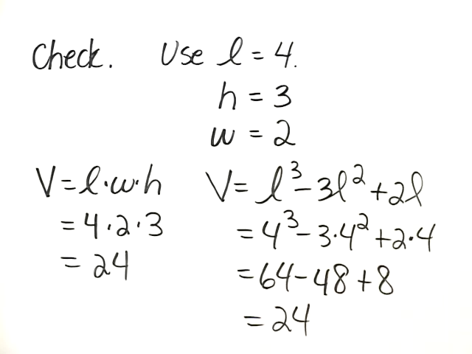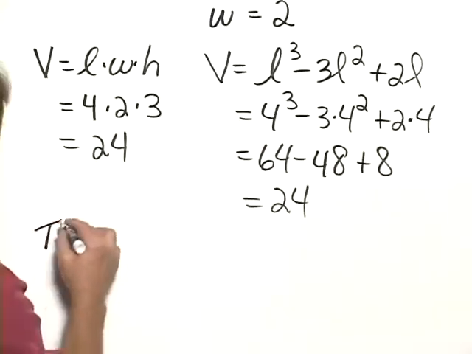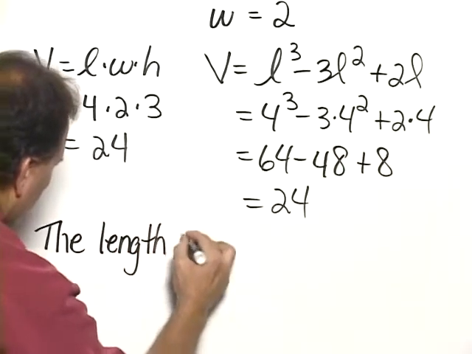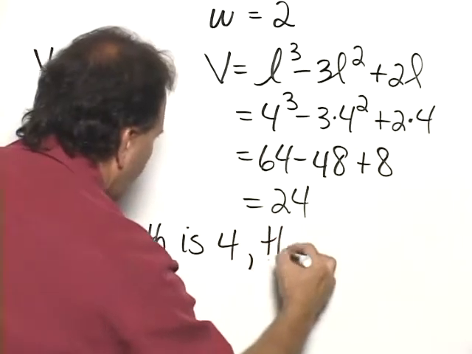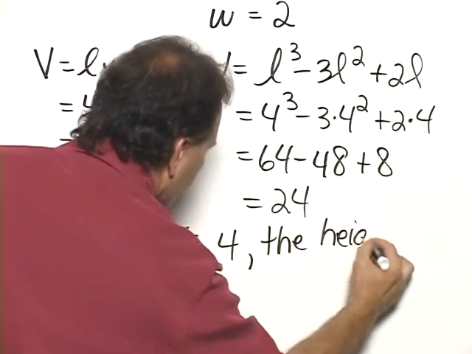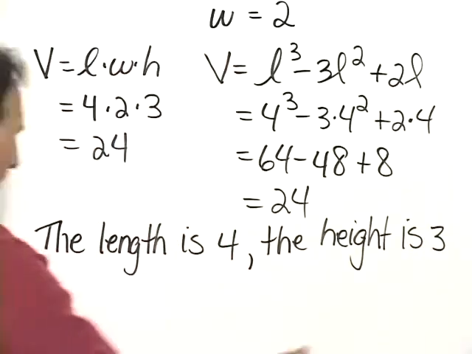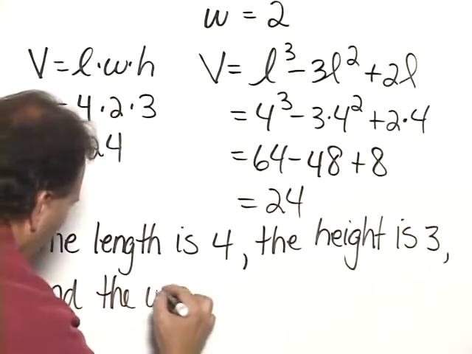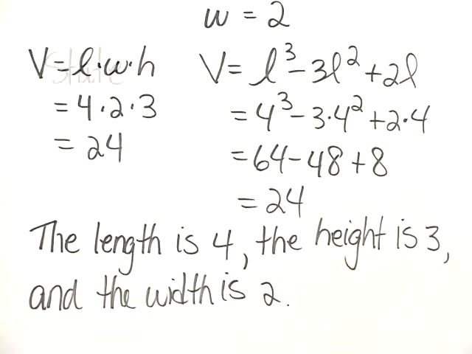And now let's do the 5th step in the process, which is state the answer. And so the length is 4, the height is 3, and the width is 2.